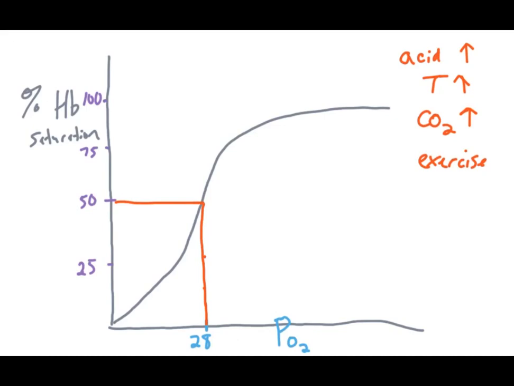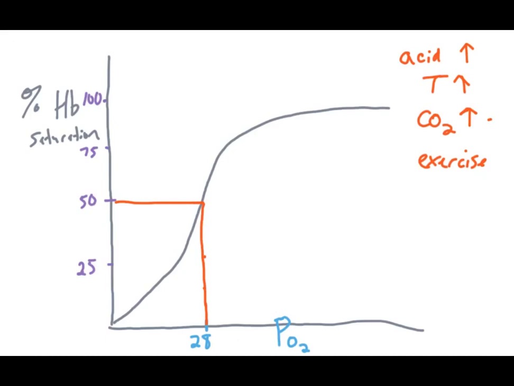You could think about them increasing with exercise. Temperature goes up with exercise. Our tissues are more active with exercise, so CO2 is also going to increase. And if you're working hard enough, yes, you can make lactic acid, and that would also cause pH to go up. But consider there's certainly other situations where acidity would increase, right?